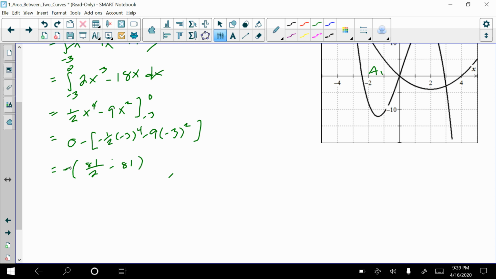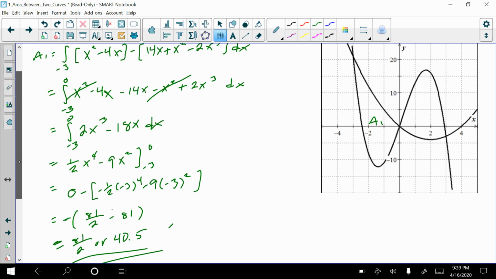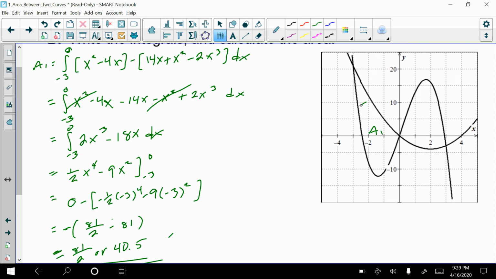And so when we distribute that negative sign, it's going to ultimately work out to be 81 over 2, or 40.5 as a decimal. So that is this first area here.